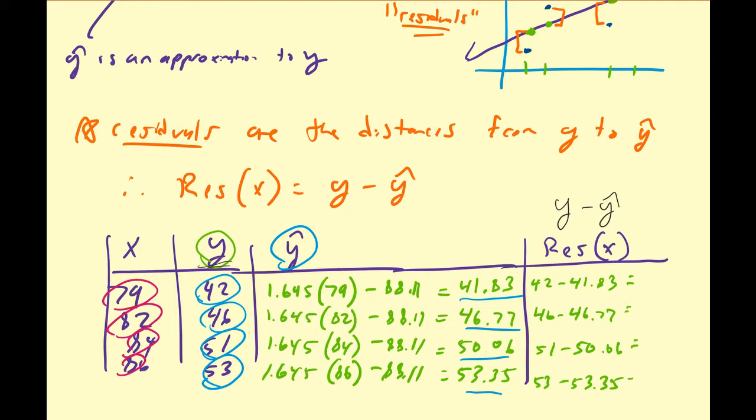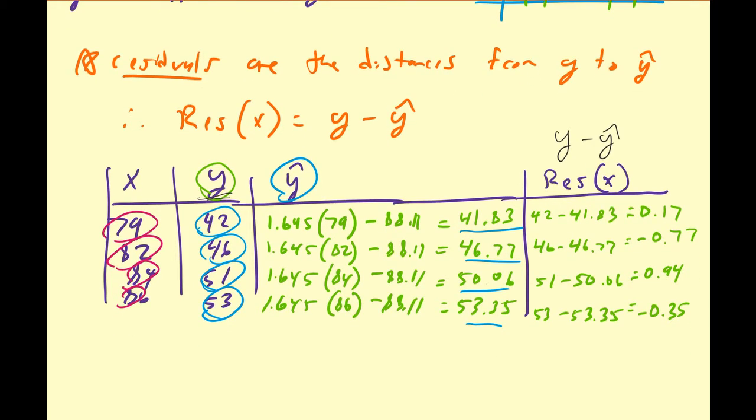Once you do these calculations out, and Excel is very useful for these types of calculations, you'll get 0.17, negative 0.77, 0.94, and negative 0.35. Alright, great. So what do these say? That means the distances between all of our approximations are less than 1.